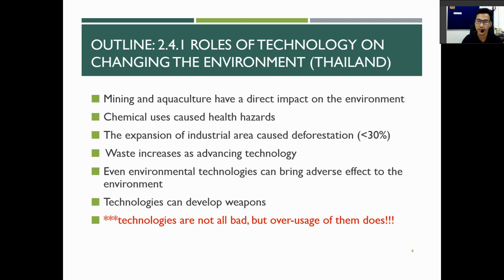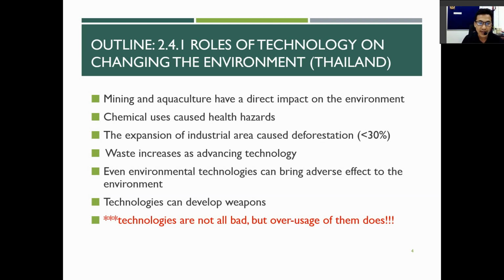Sometimes you have to break the mountain, and for aquaculture you have to dig a big hole in the soil surface, and that causes a lot of problems to the environment as well. Secondly, overuse or heavy use of chemicals can cause a lot of health issues. The expansion of industrial areas keeps going and going, which causes deforestation. Right now, forest covers only 30% of the total area of Thailand. That's all.